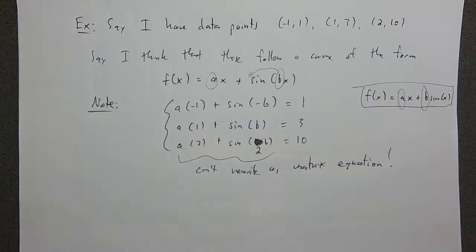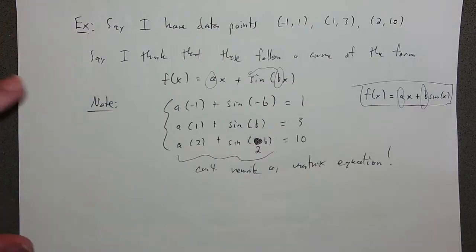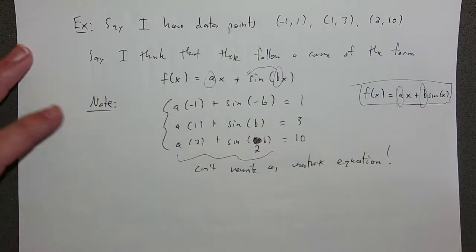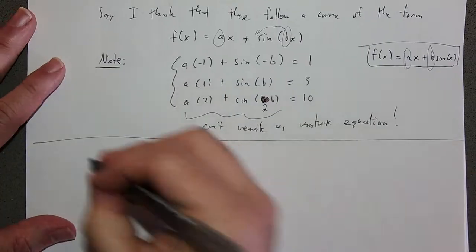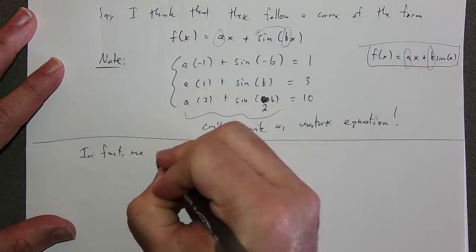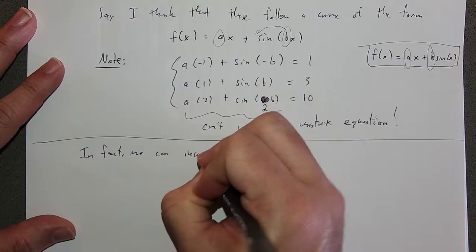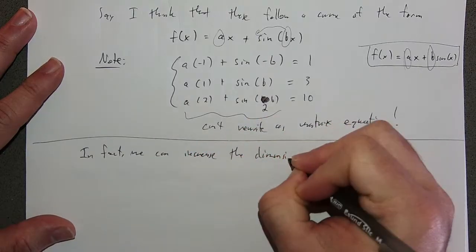So before I do some more examples, I'm going to go ahead and say that actually we don't have to stop here. In fact, we can increase the dimension. What do I mean by that?